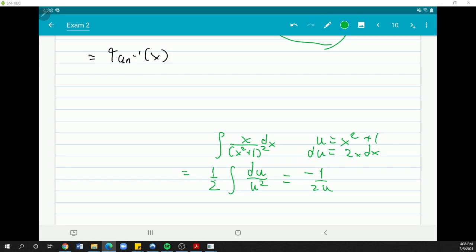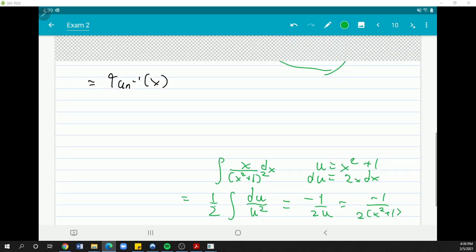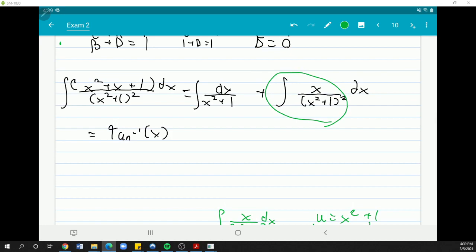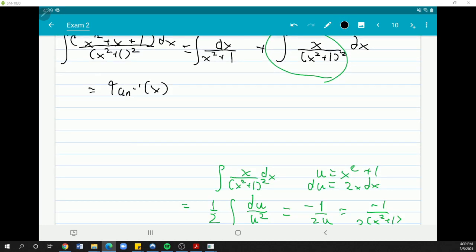The u squared becomes a minus 1 over u to the minus 1, which is minus 1 over u, but then you've got that 1/2 out front. So this is minus 1 over 2 times x squared plus 1. So let's go ahead and throw that in there. This is minus 1 over 2 x squared plus 1, and then you add in plus c.